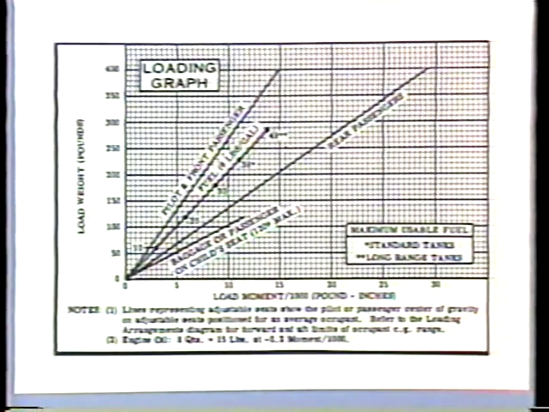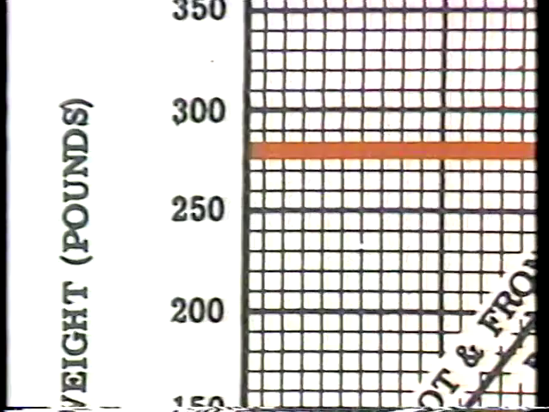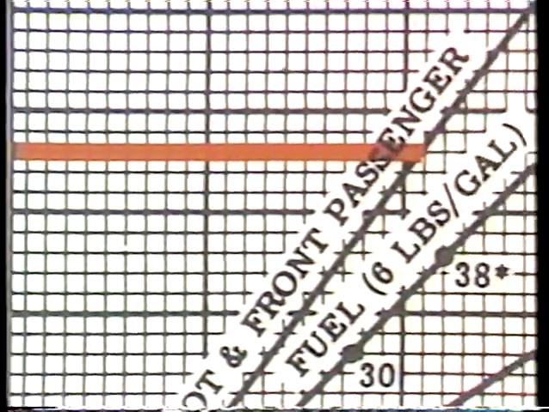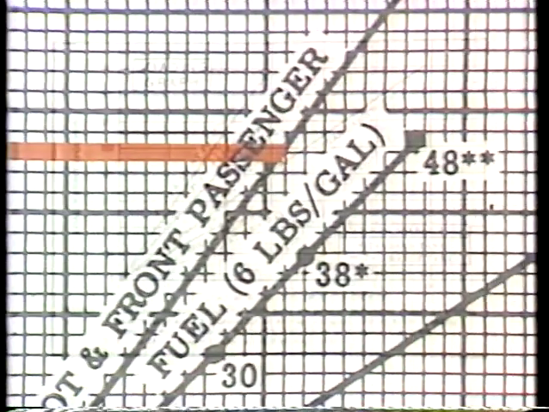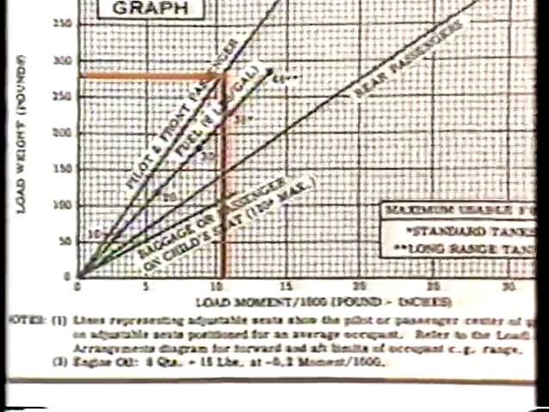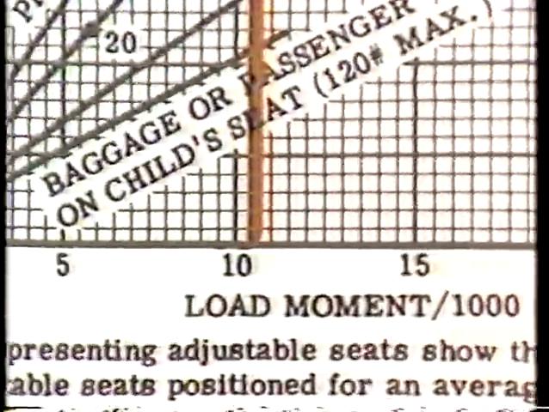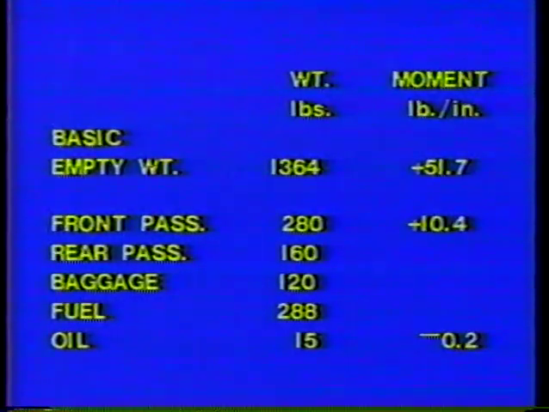We use the loading graph to obtain the other moment indices we need. For the pilot and front seat passenger, enter the graph at 280 pounds on the vertical axis. Then move horizontally to the pilot and front passenger line. Proceed vertically to the moment index of 10.4. Now enter this number on your worksheet.